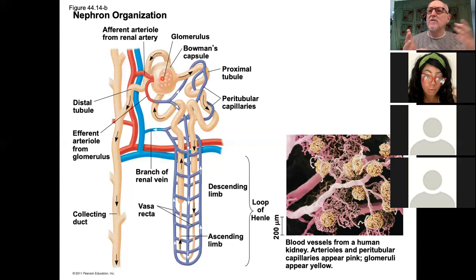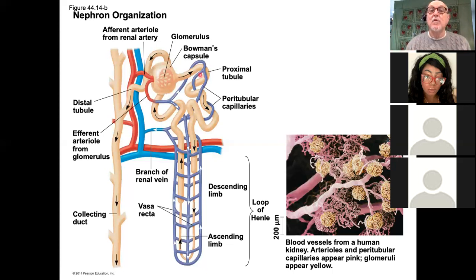In a similar way to what we saw before in the blood capillary system, this increase in pressure is relieved by allowing fluid to leak across the walls of the arteriole. And this is the major filtration system in the kidney, this glomerulus and the Bowman's capsule around it.